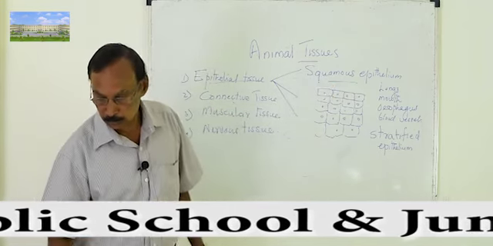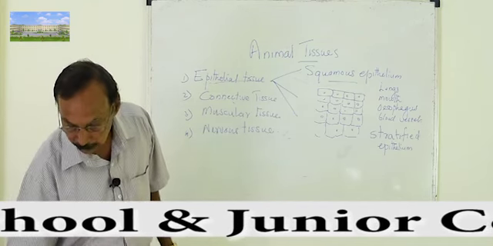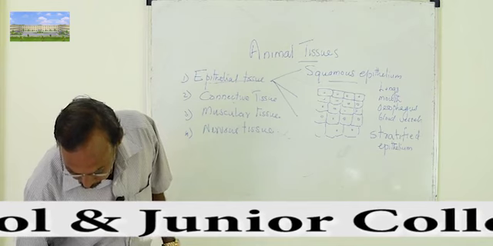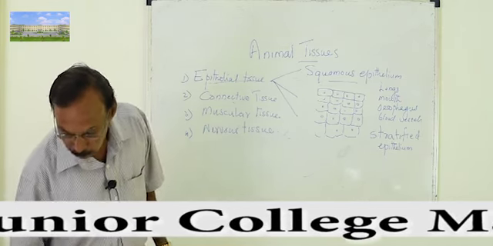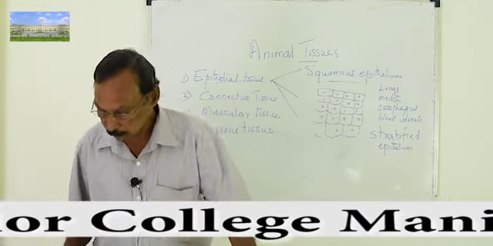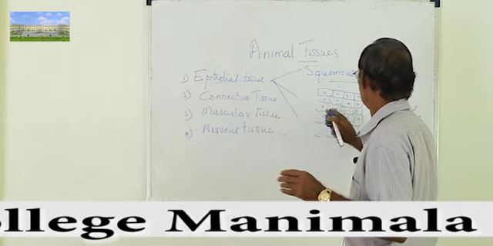In your textbook, you can see first A, squamous epithelium, then D, stratified epithelium.